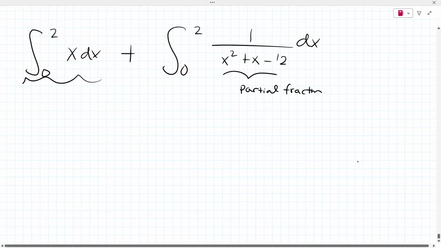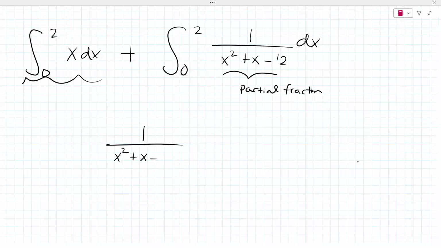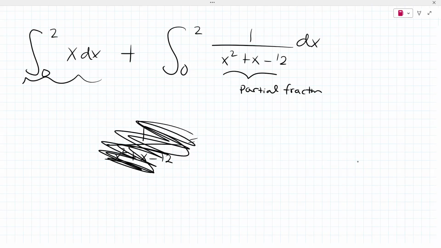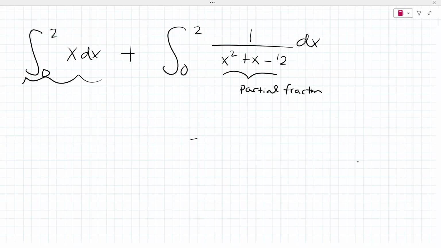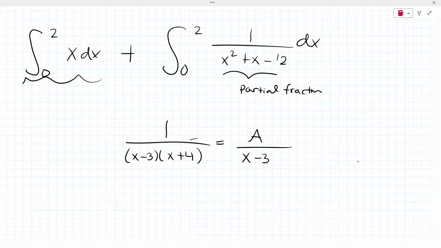So how to set up this partial fraction: 1 over x squared plus x minus 12 equals, actually, let's rewrite. x squared plus x minus 12 can be factored as x minus 3 times x plus 4. So 1 over x minus 3 times x plus 4 equals a over x minus 3 plus b over x plus 4.